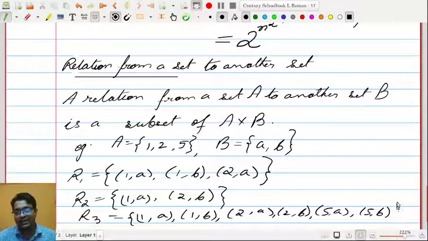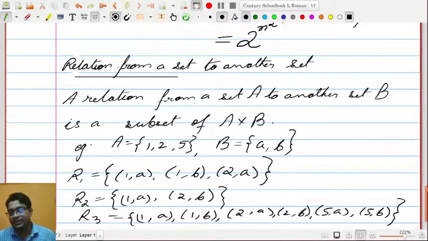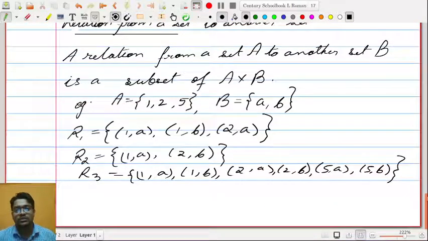So in fact here I have taken the whole A cross B as the relation, because A cross B is itself a subset of A cross B. So this relation also we can take. There are 6 elements inside this relation. Any subset of A cross B is a relation, right?